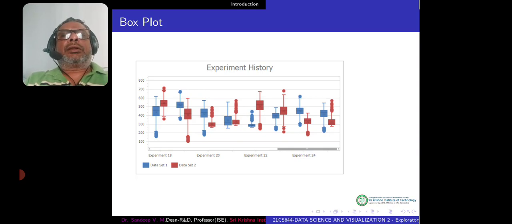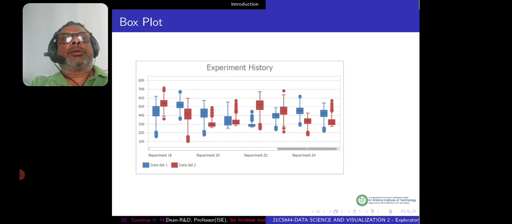When we work in detail on all these things, we see what these quartiles are, what the minimum is, what the maximum is, how they are related with the median, and all that. So that's the box plot. It is trying to give the overall distribution of each variable.